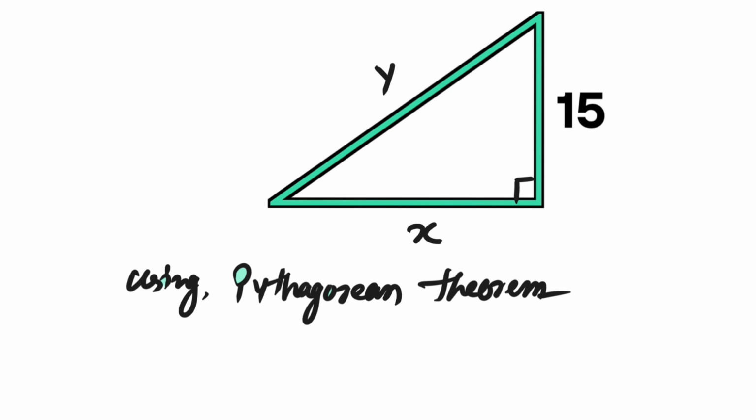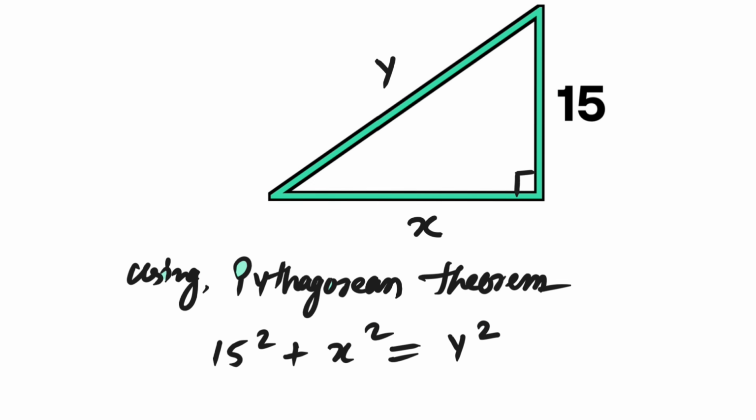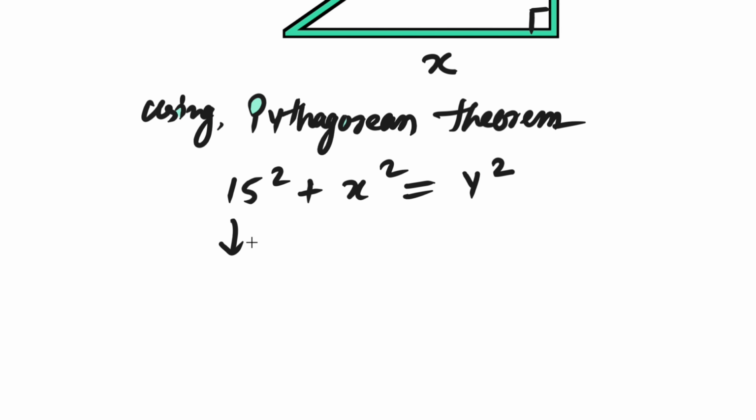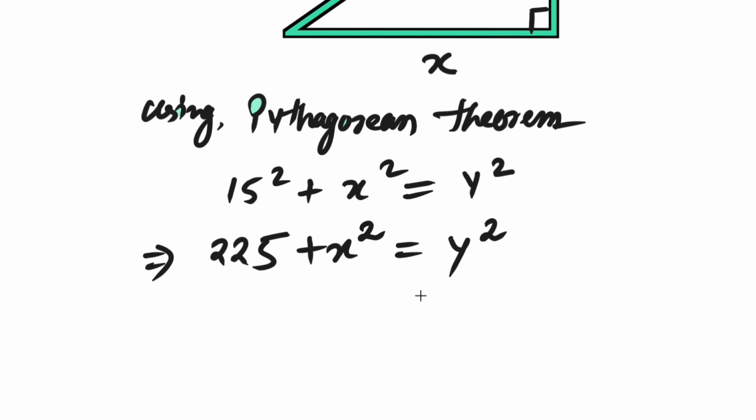So here, we write 15 squared plus x squared equals y squared. Now, 15 squared is 15 multiplied by 15, which gives 225. Therefore, our equation becomes 225 plus x squared equals y squared.